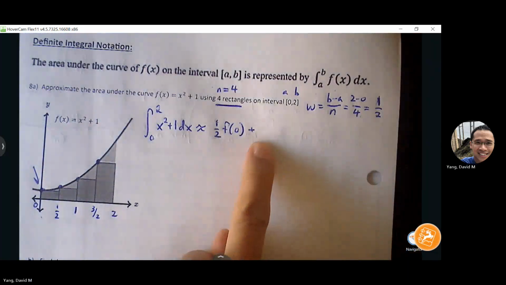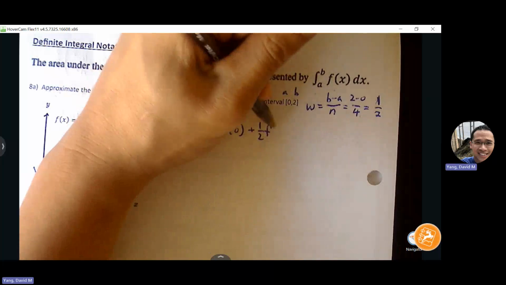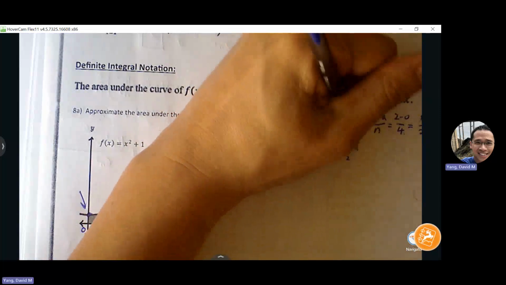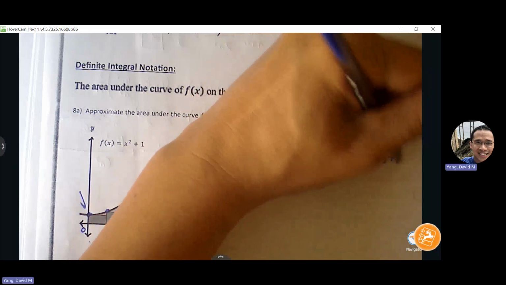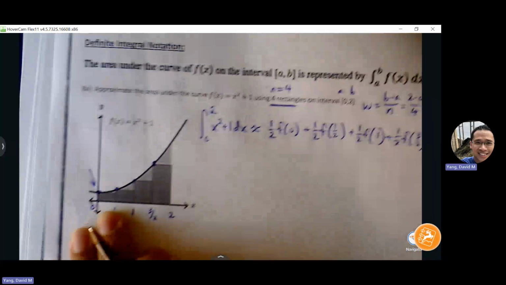All right. Next one, 1/2 times F of 1/2, right? Because that's my second rectangle. Third rectangle, 1/2 F of 1. Last one, 1/2 F of 3/2. We're not using the last one because we're doing left-handed rectangles.